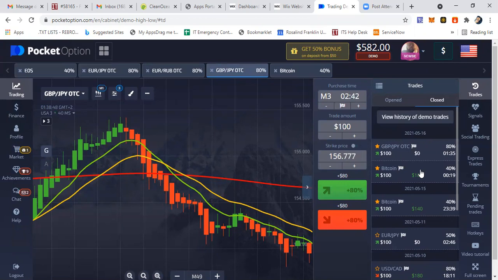Also, with this platform, you can deposit any kind of crypto into it, and then you convert that crypto into USDT, so Tether, because it trades on Tether. You can put Bitcoin in there and swap it over for Tether, and then withdraw it as Tether.